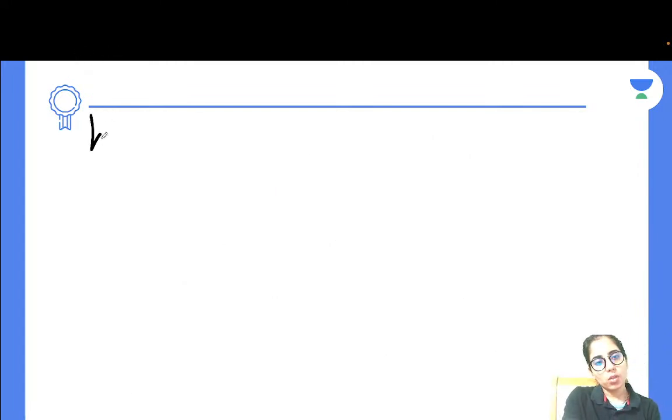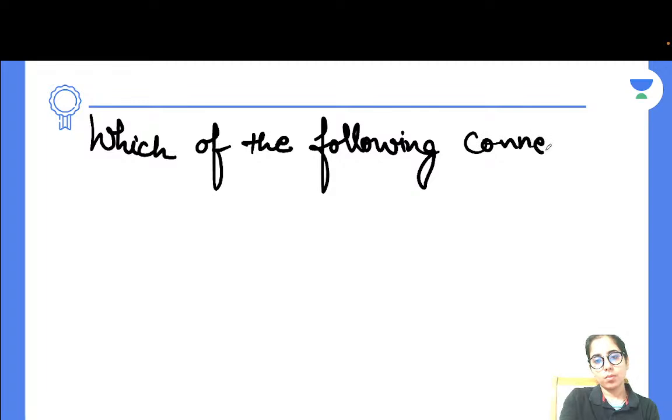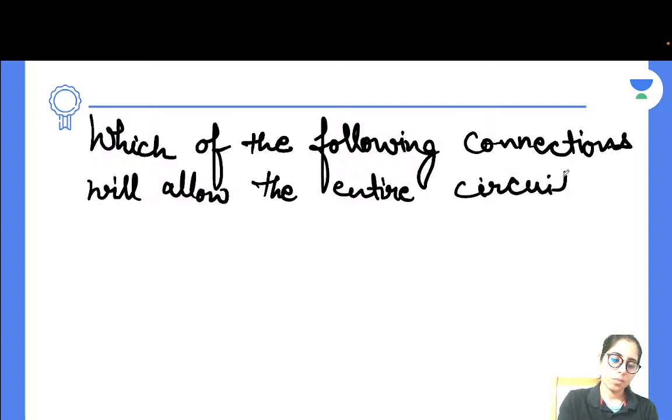Which of the following connections will allow the entire circuit to act as a JK flip-flop?